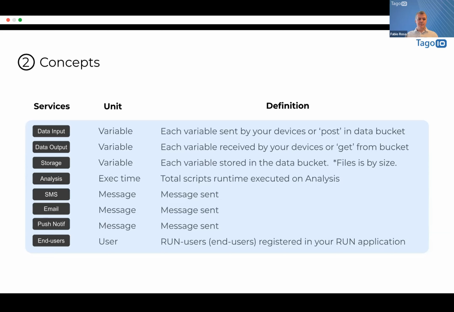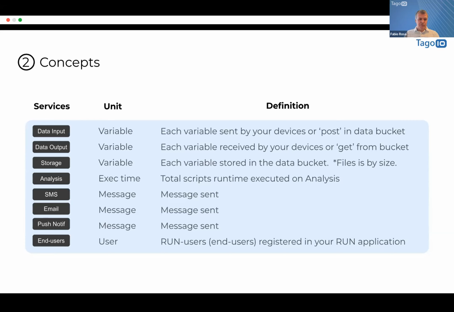It means that you may be using your data output. For example, you are storing a lot of data, and then you have a script that reads 1,000 variables to make a calculation, for example to run a report or an average. So if you do a get to get these 1,000 variables, you are really using these 1,000 variables from your resources.